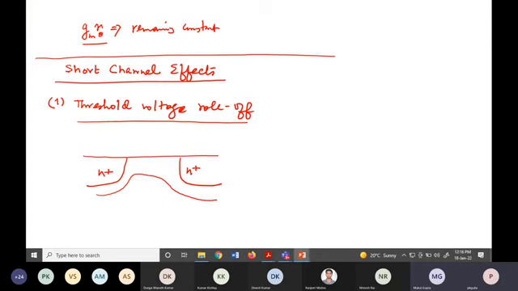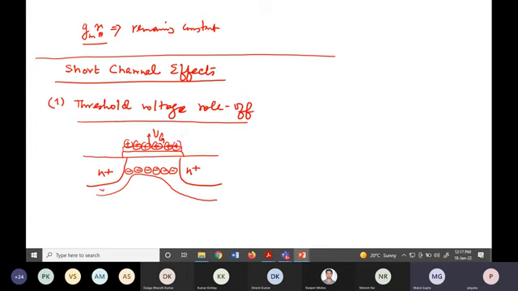And this is the gate. So ideally what happens is these immobile ions under the channel will be imaged by the gate charge, right? Will be imaged by the gate charge.